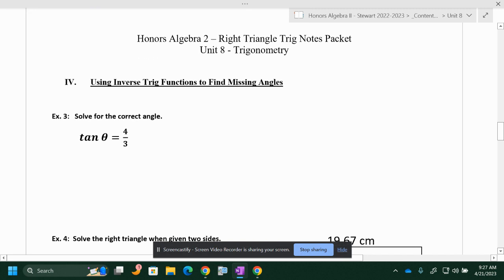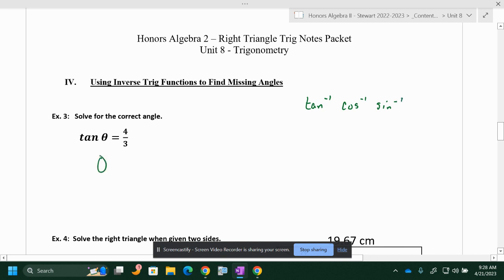Say, for instance, though, we don't have 2 of the angles, and we are trying to find one of the angles to start, other than the 90-degree one that we're given. We can use inverse trig functions. Inverse trig functions are, if you look at your calculator, for instance, with tangent, it's the second tangent. That's what the -1 is, or the cosine -1, or the sine -1.